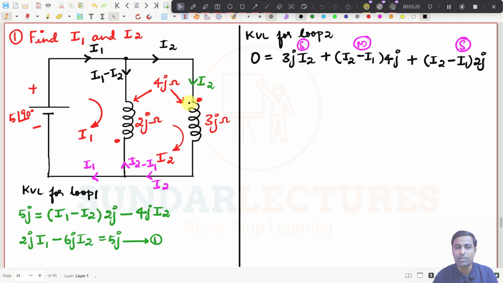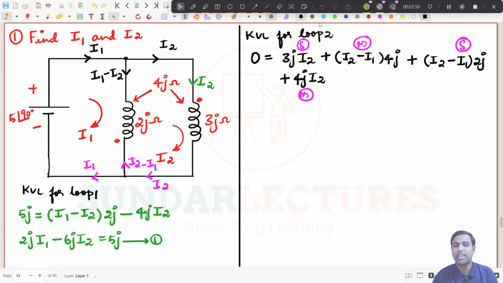This current is entering through the dot, and this current is also entering through the dot, so you have to put plus. The other coil's current is I2, and the mutually coupled reactance is 4J. So you will have plus 4J I2. This is the mutually induced EMF for this particular 2J coil.